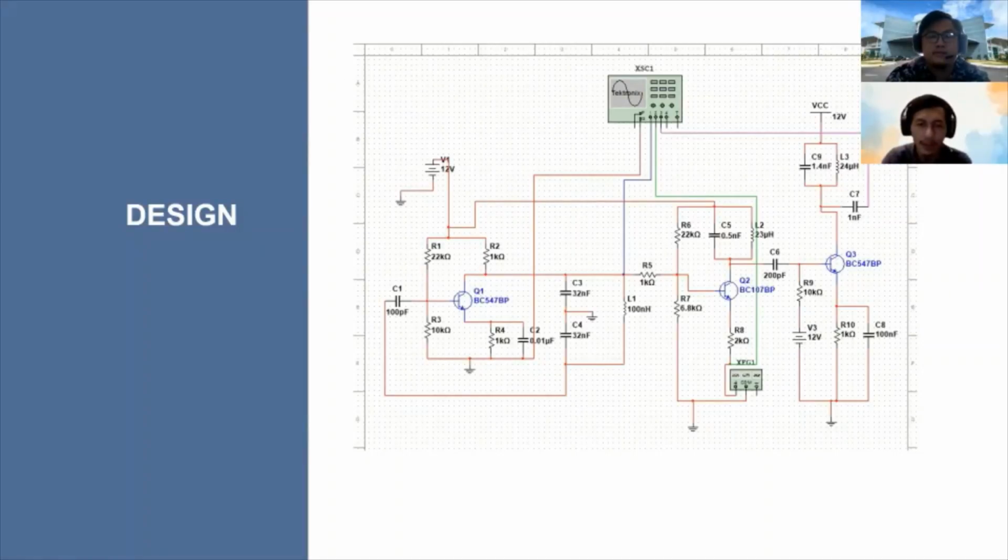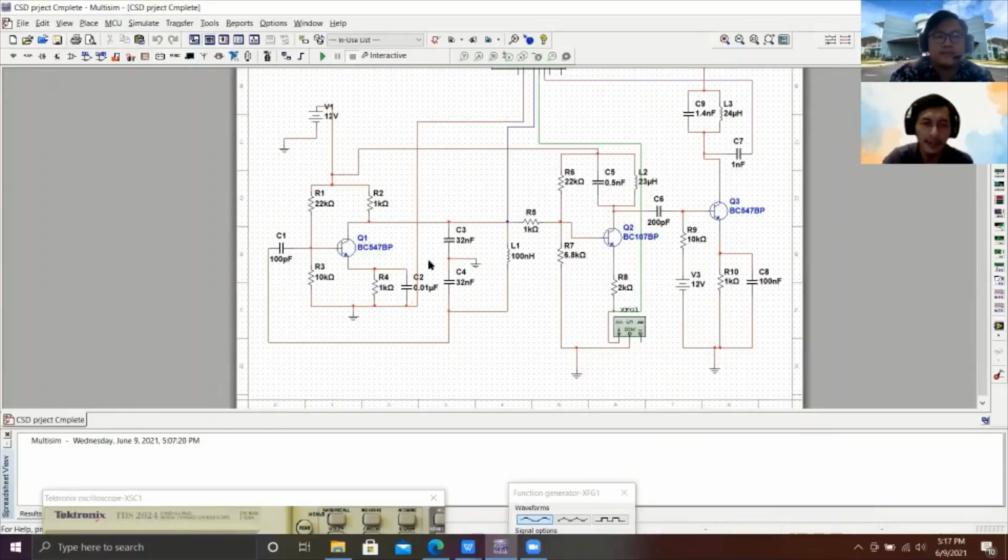So this is our design that includes an oscillator, then a modulation circuit and an amplifier circuit to carry out the process of an AM transmitter. I would like to share the circuit in Multisim. For this part, this is an oscillator circuit. For this oscillator, we use a Colpitts oscillator.